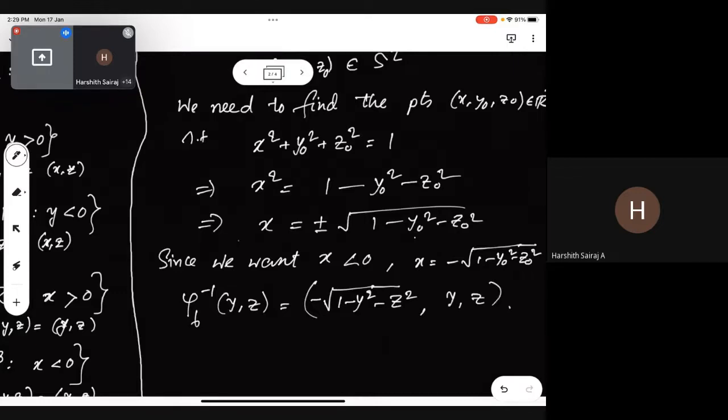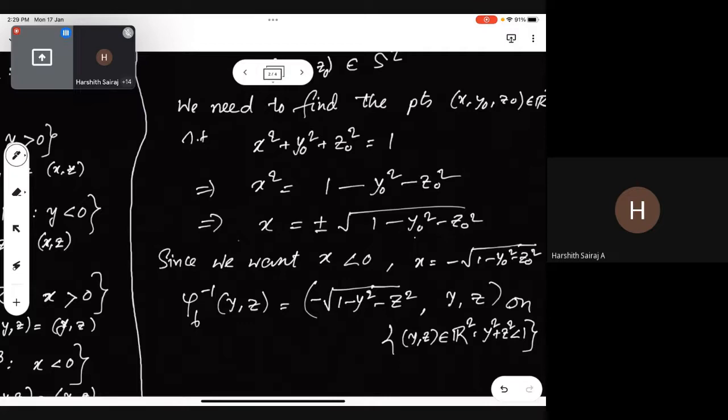Yeah, this is fine. Where is it defined? On (y, z) in R2 such that y square plus z square is less than 1. Is this clear to everybody?